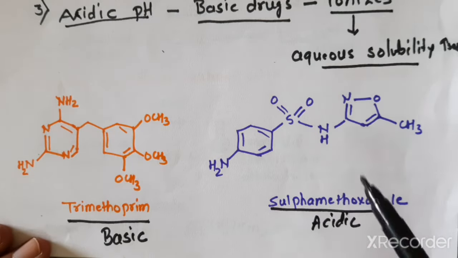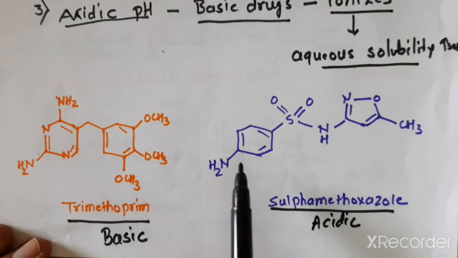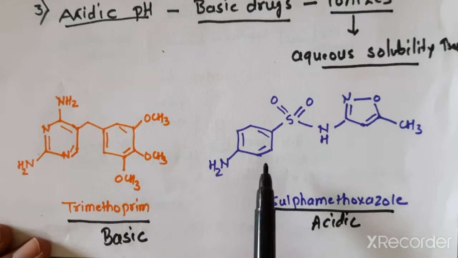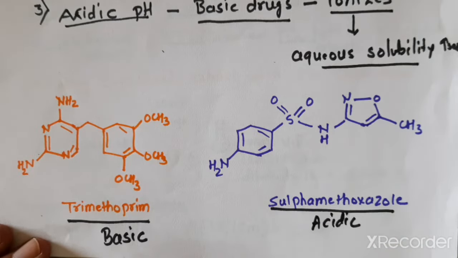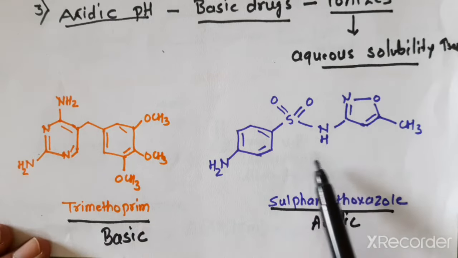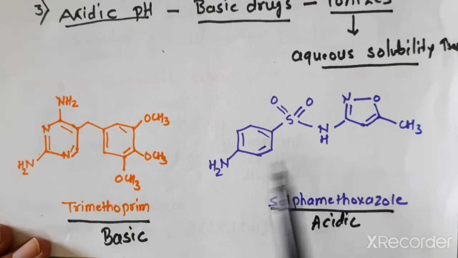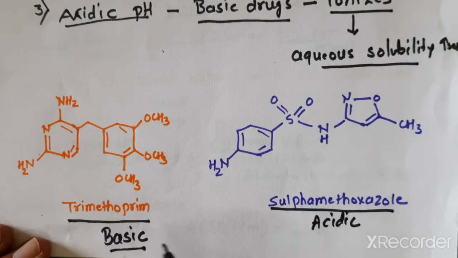So what will happen if I take these drugs? Co-trimoxazole tablet contains both of these drugs. If I dissolve this in a basic pH, who will get ionized? Obviously the acidic drug gets ionized. If the acidic drug is ionized in basic pH, its solubility is greater in the aqueous phase, and trimethoprim will remain unionized, because it is basic in nature and we have provided basic pH.